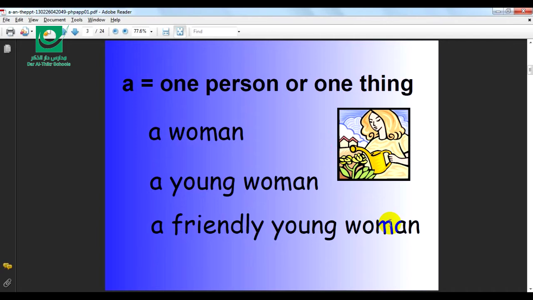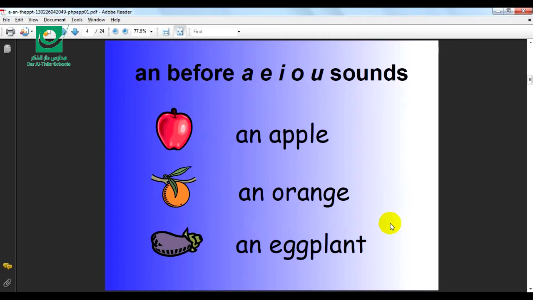Another example, that's a woman, or she is a young woman. The second article, an: we use an before vowel sounds, like an apple, I need an apple, an orange, an eggplant.